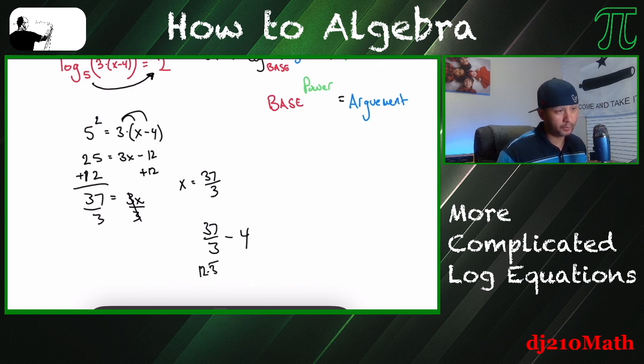And 12 minus 4 is 8, right? Which is positive. The actual value is irrelevant, but the fact that it's positive is what is the most important. So because the argument is positive, this is definitely an answer.